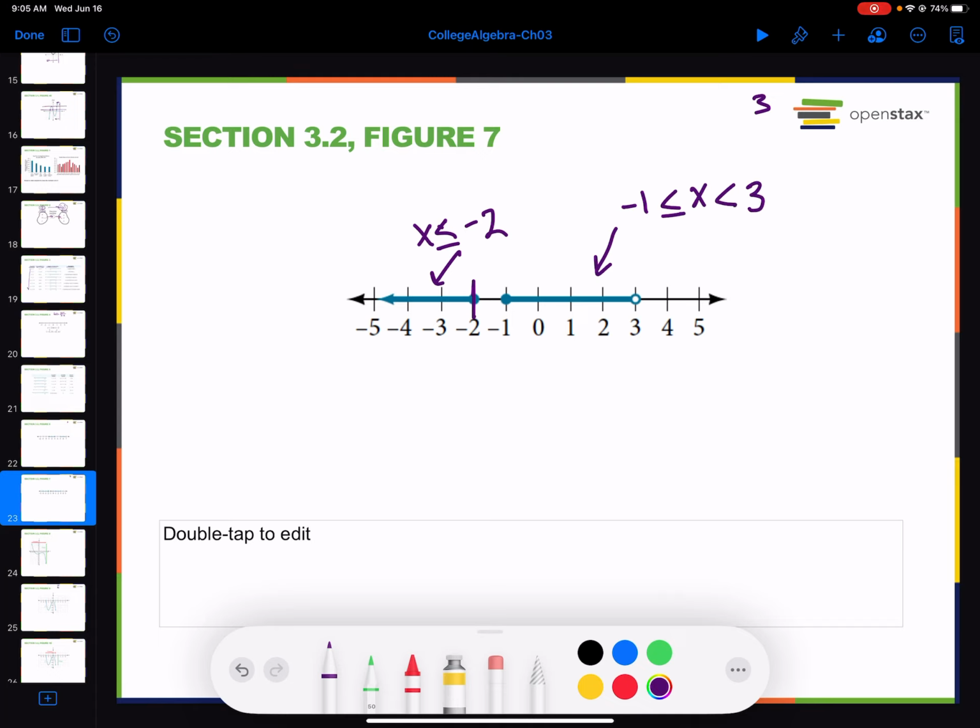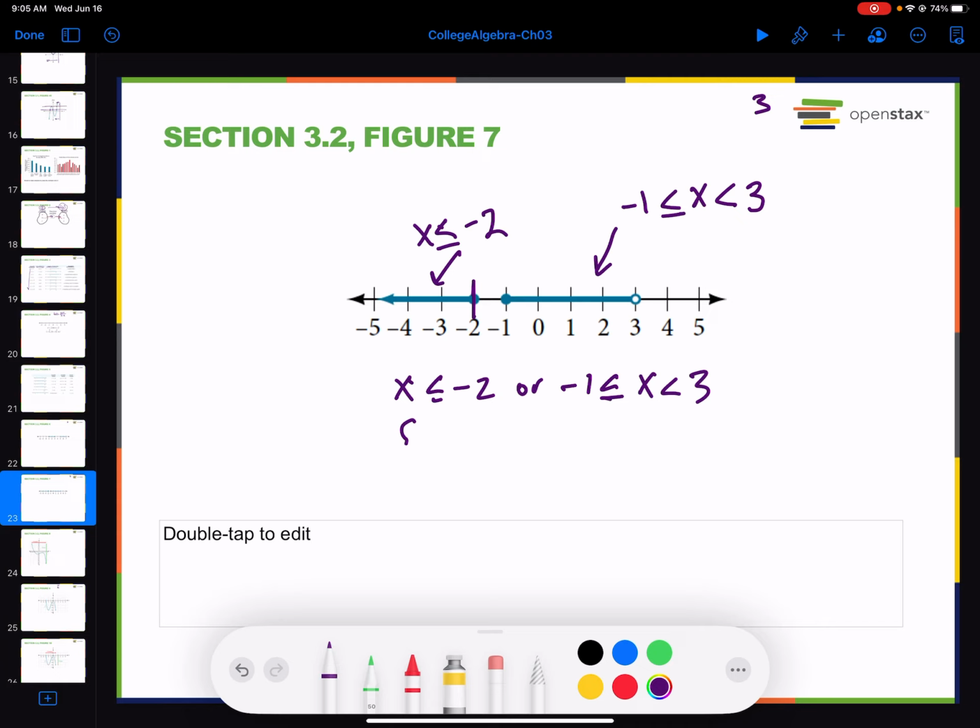So we're not including 3, so we want to make sure that we're not saying that it's equal to. So we don't want it equal to 3, we want to make sure that it's less than 3. So now we just combine these and that becomes our inequality notation. So we've got x less than or equal to -2, or x greater than or equal to -1 and less than 3. There's our inequality notation.